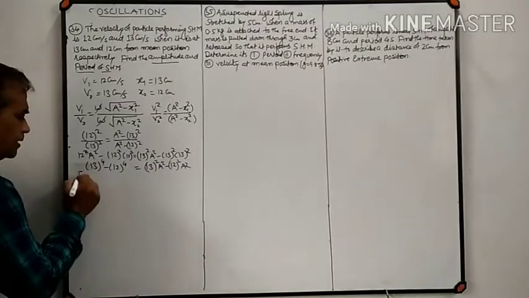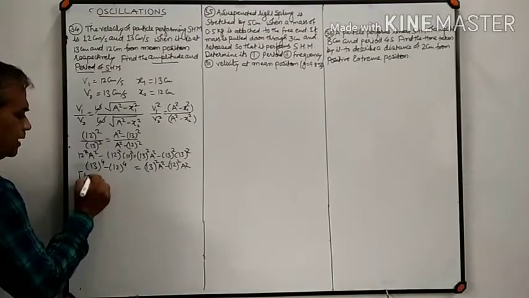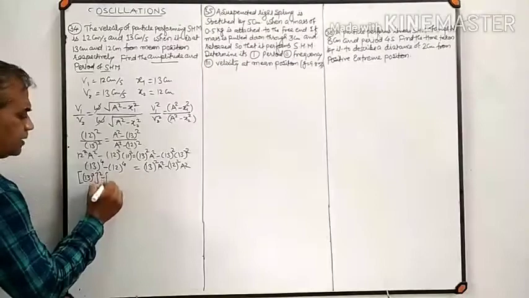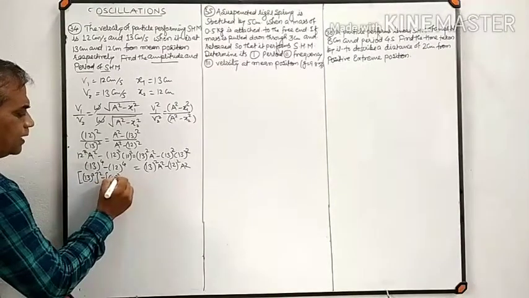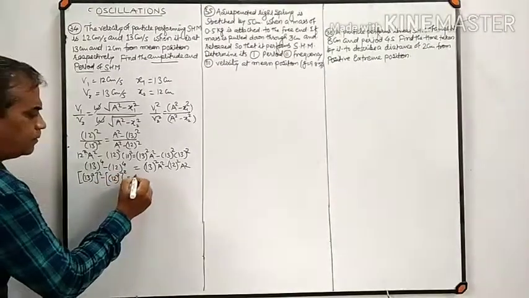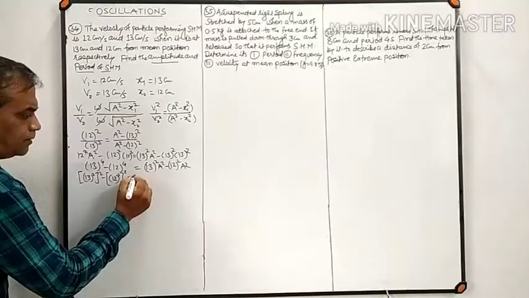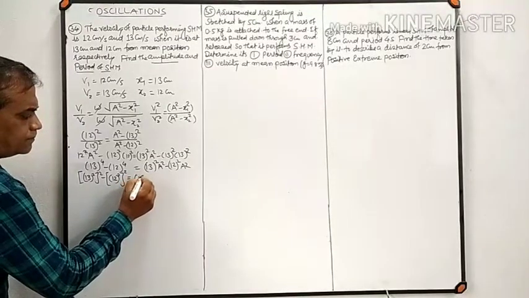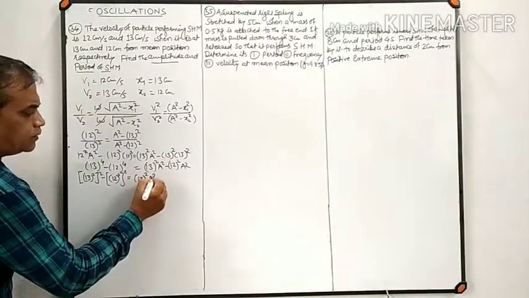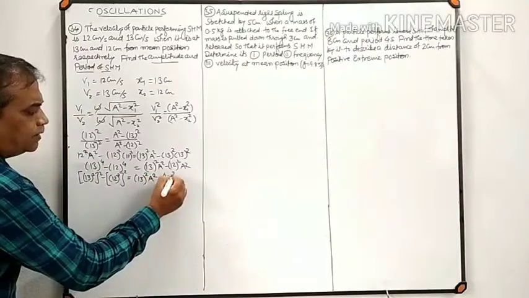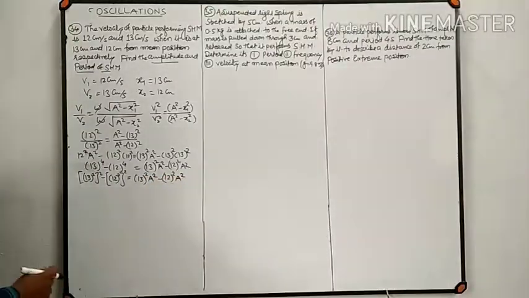Now this can be written as 13 square and its square minus 12 square and its square is equal to 13 square into a square minus 12 square into a square.